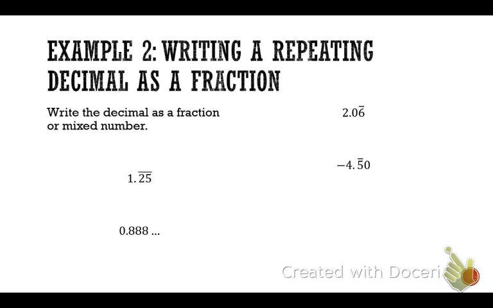In your calculators, I do want to teach you this function as well. We have 1.25 repeating. You're going to put in 1 point, and you see your alpha button? I want you to hit that alpha button. And then you see the square root button.